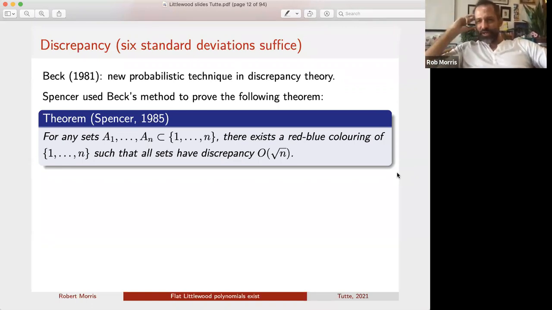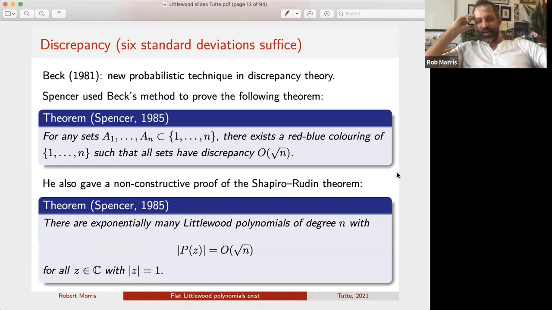It doesn't really look like this has all that much to do with our problem, but in the same paper, Spencer used the same technique to give a non-constructive, probabilistic proof of the Shapiro-Rudin theorem. He showed there's not just one Littlewood polynomial of degree n, but there are actually exponentially many that are always at most constant root n on the unit circle.